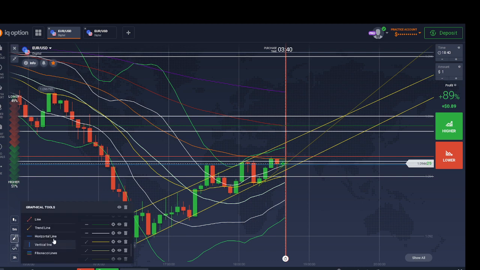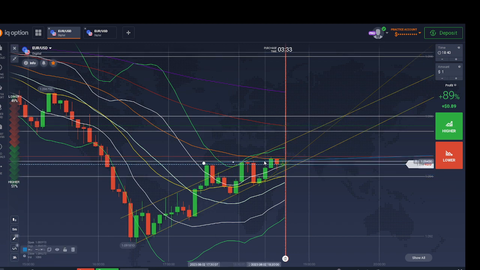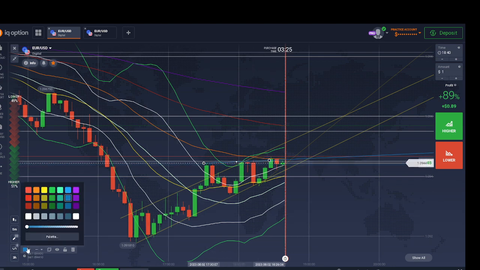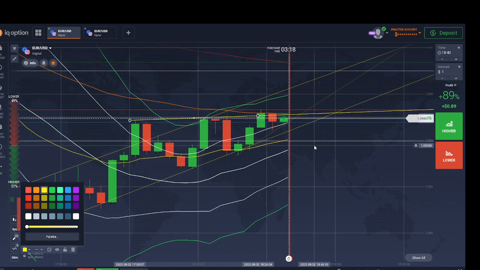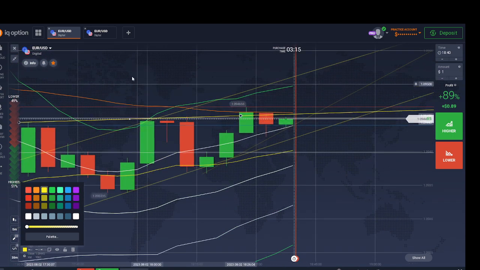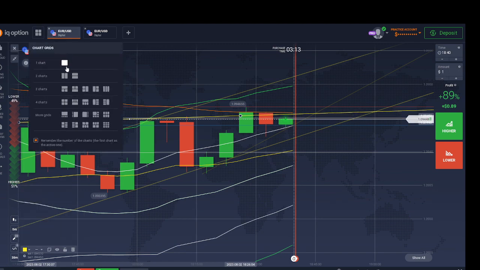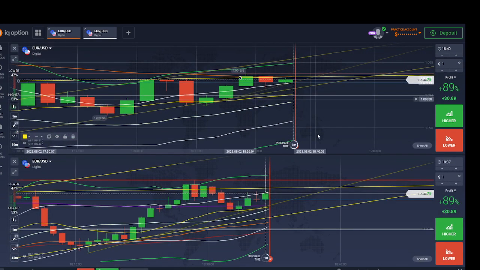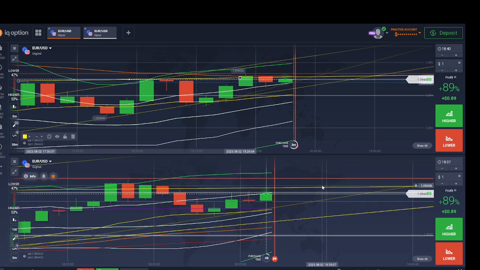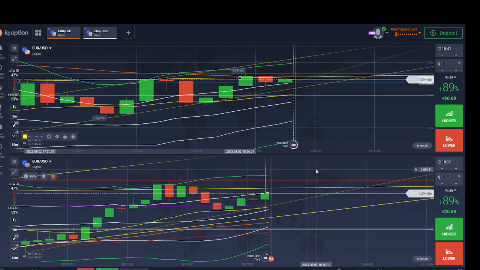And you know what? This is another line forming here. I don't know what it can be called, but this is a 50% level, so it has to go up.